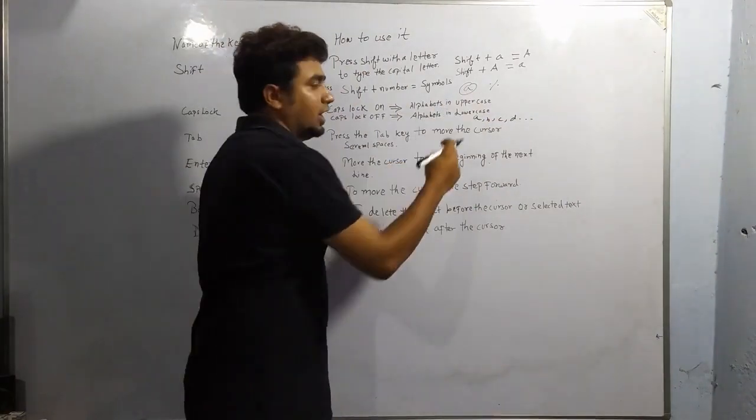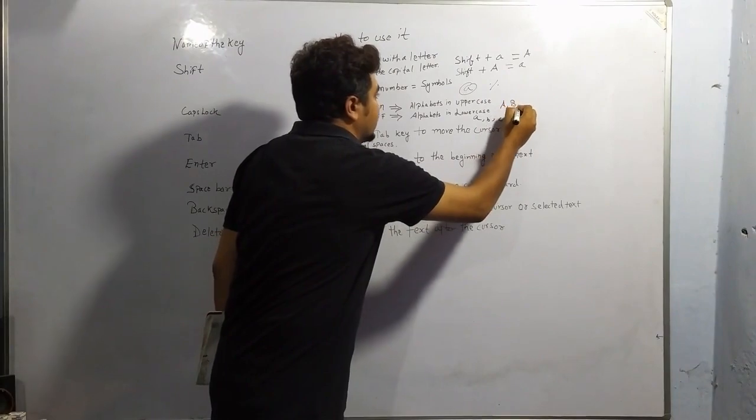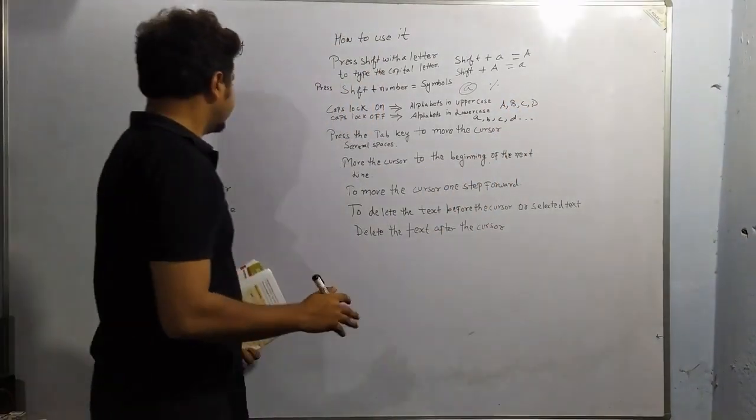And uppercase means capital letters, that will be capital A, capital B, capital C, capital D.